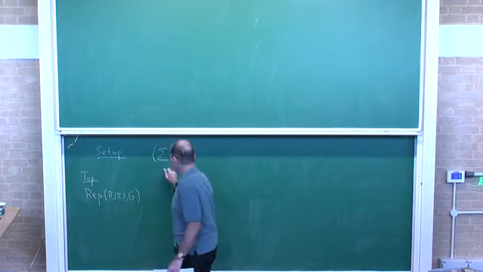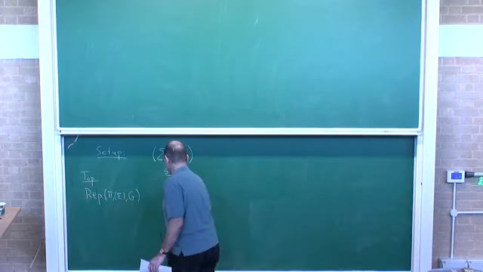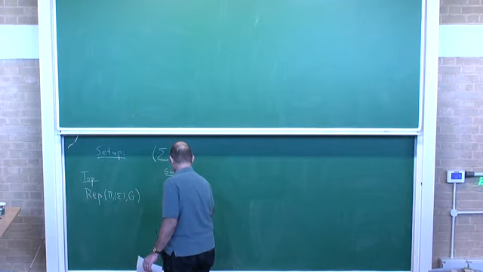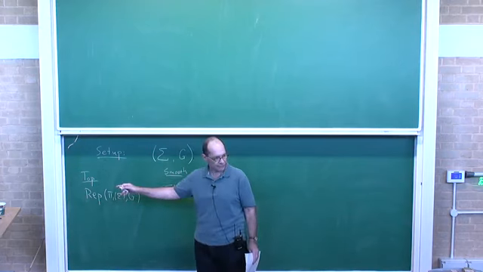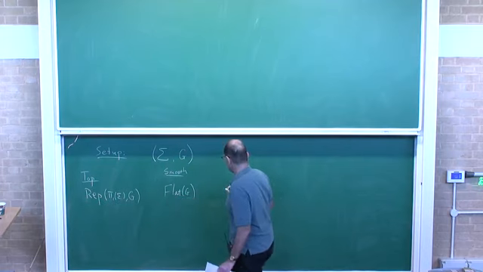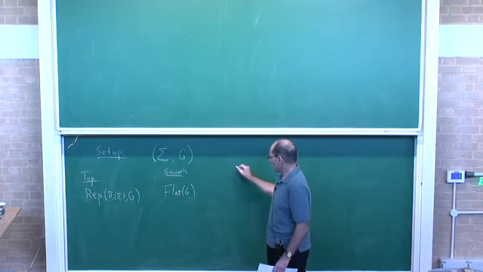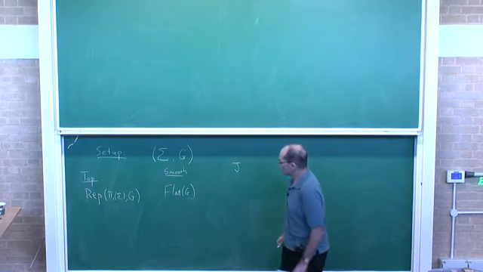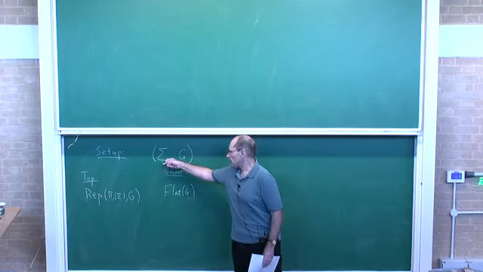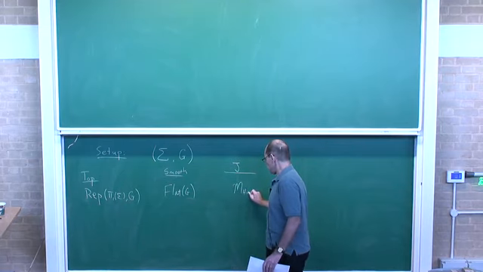The second one, which requires adding smooth structure to the picture, is the moduli space of flat G bundles on sigma. The relation between these comes from the holonomy representation, and that's enough to say about that at this stage. And then the third space you get if you add complex structure to the Riemann surface, and then this becomes the moduli space of G Higgs bundles.